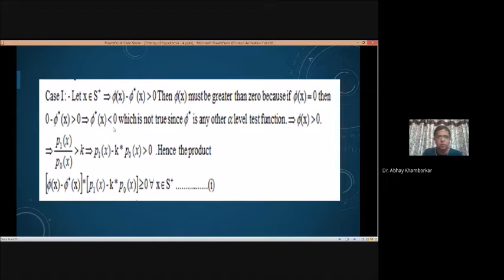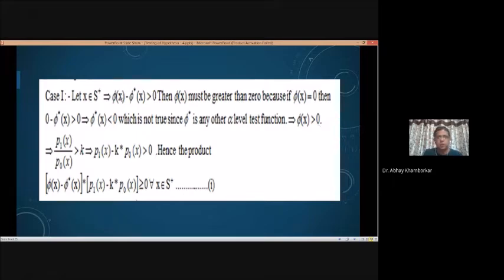And which is not true. As I said, phi as well as phi star of x being test functions, they are nothing but the probability of rejection, which lies between 0 and 1, cannot be less than 0, right? Therefore, we are here getting phi star of x less than 0. That condition we are getting because we have assumed that phi of x is equal to 0, and which is not true, and therefore we have to say that phi of x must be strictly greater than 0.